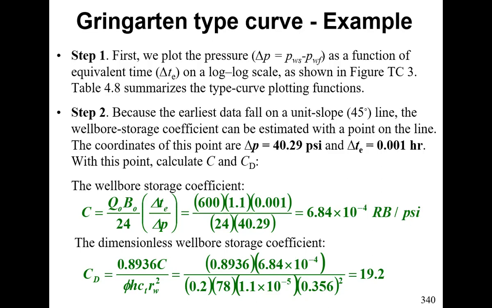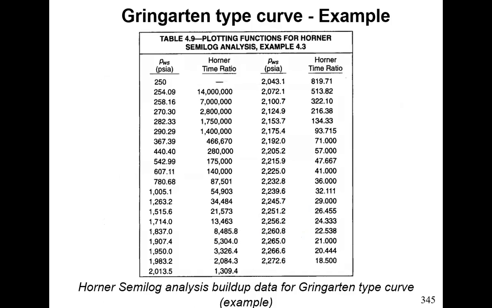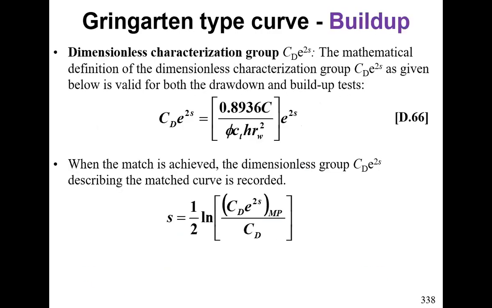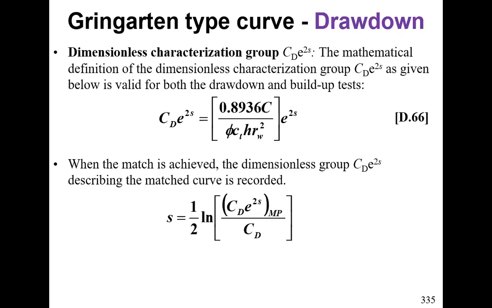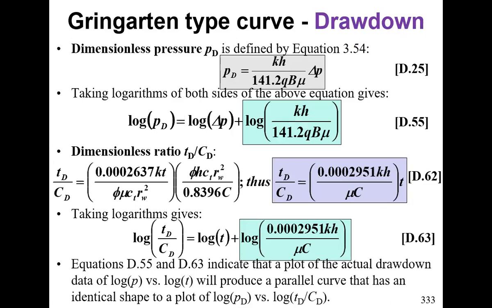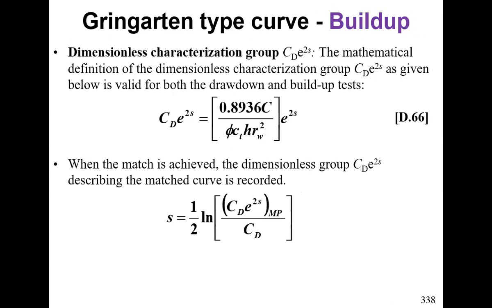Before I continue the explanations, I think this is instructive. Oh no, this is for the Horner time. Sorry, I think I'm missing a table. I think I can supply it in the material I'll be posting to the LMS.